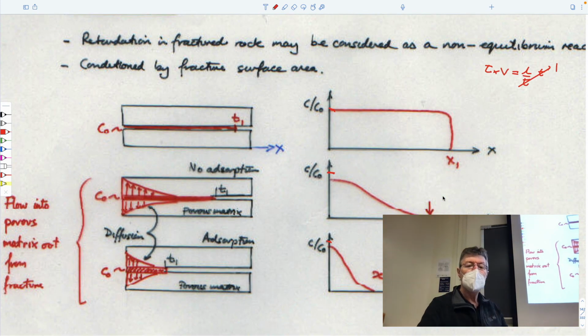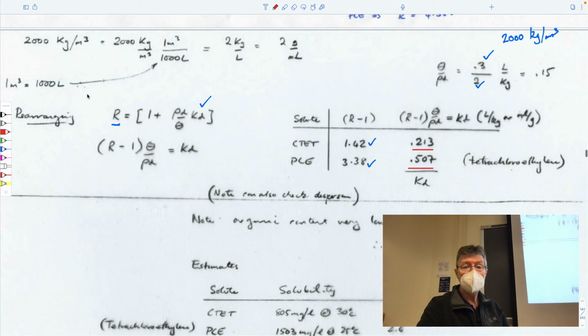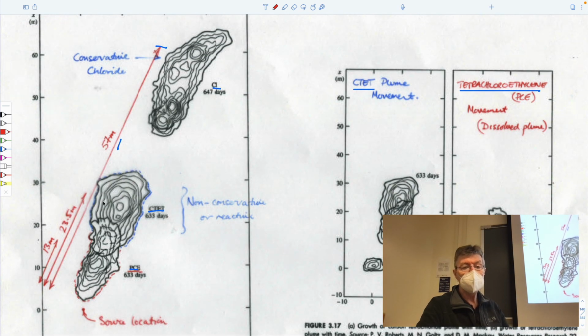So that's it. We've made the point, if we go back, that non-conservative transport is probably important, because in this case the plume has gone half as far and a quarter as far as the conserved plume, so it's a big effect. We don't know what the concentrations are, but we surmise that these concentrations are higher and therefore more dangerous than these here, for the reasons we've talked about.